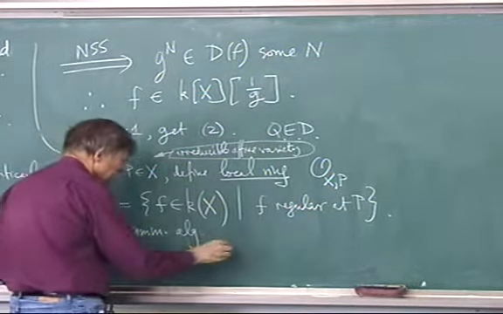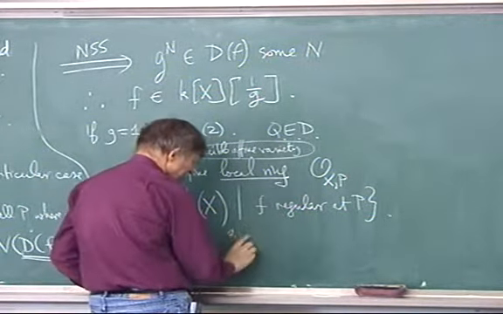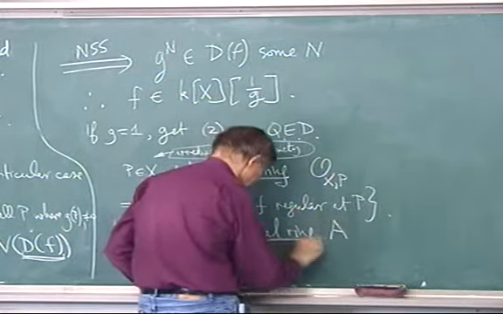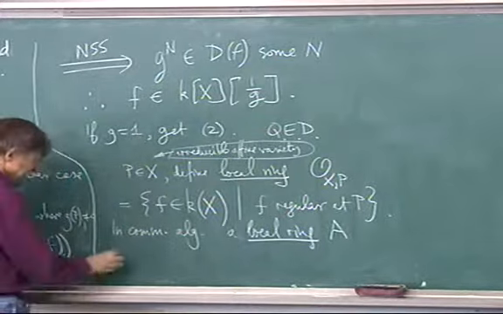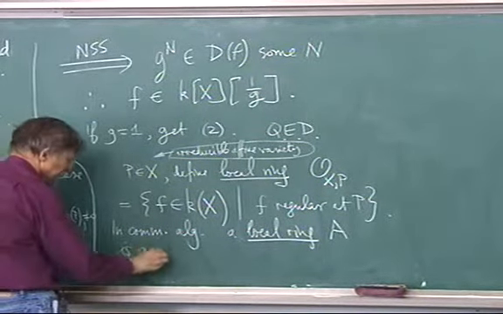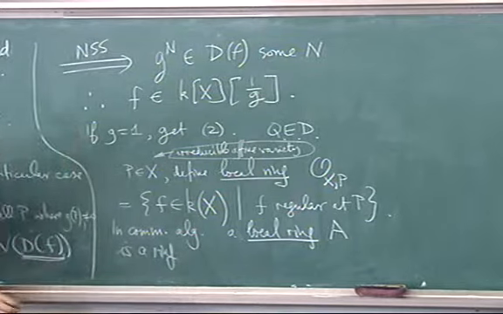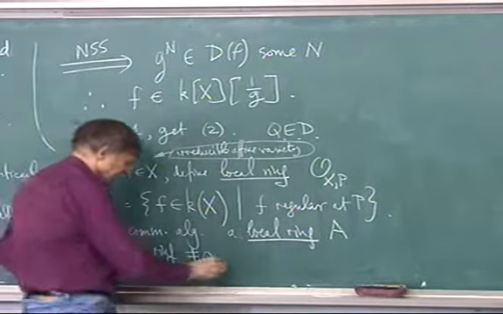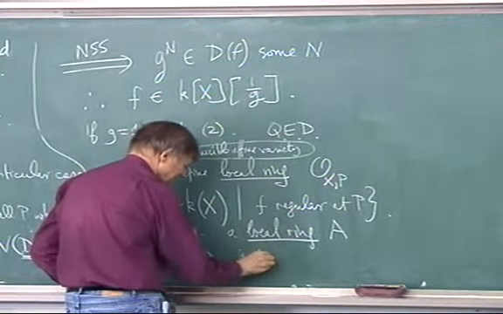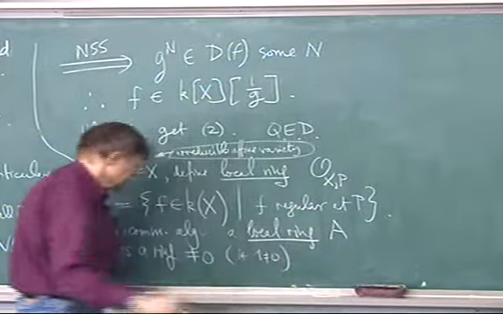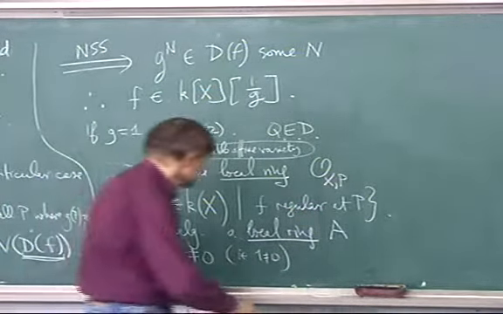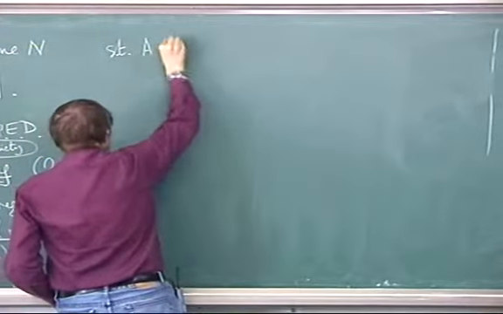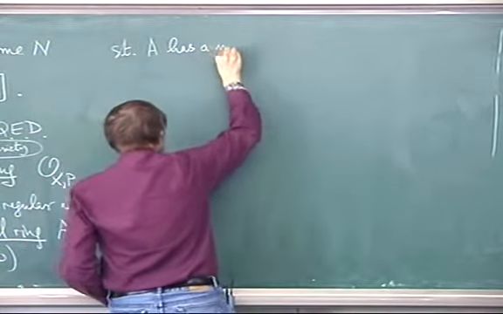In commutative algebra, a local ring A is a ring, and I want it to be not 0, i.e. 1 is not equal to 0, such that A has a unique maximal ideal.